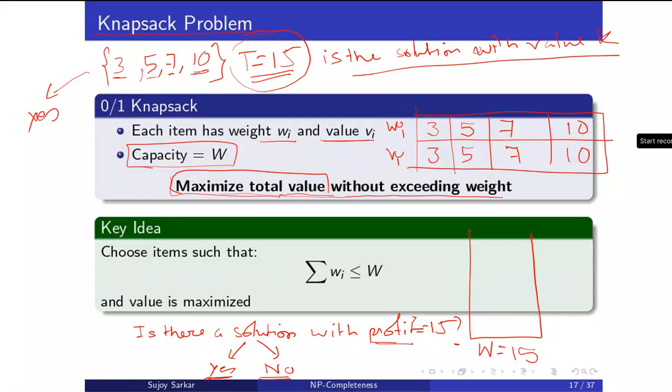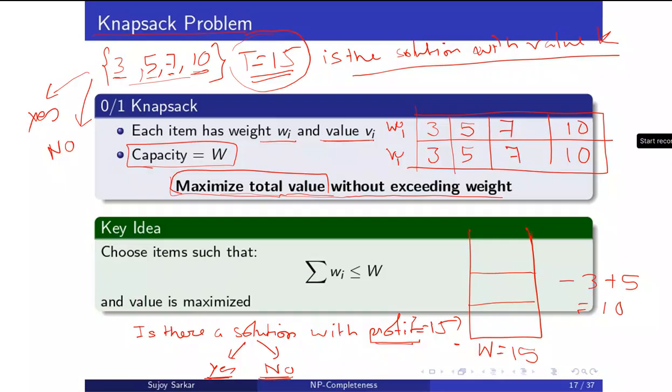Whenever there is a solution for the knapsack problem, there is a solution for the subset sum problem, and when there is no solution for the knapsack problem, there is no solution for the subset sum problem. Why is that? Because when we are selecting the items, the profit is exactly equal to the weight. So if I select, suppose, 3 and 5 as weight, the profit will also be 3 plus 5, 8.